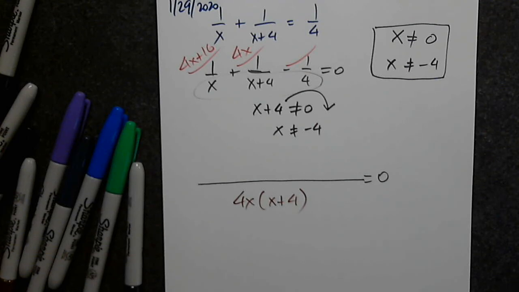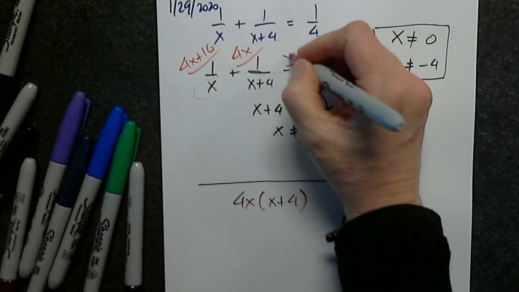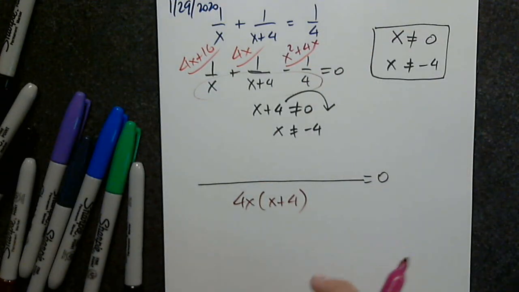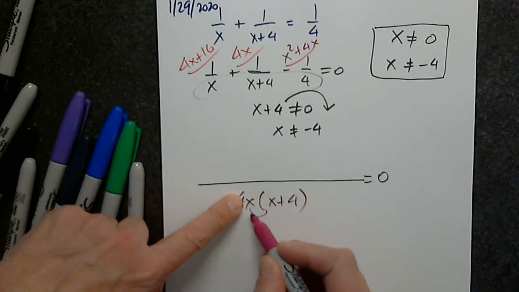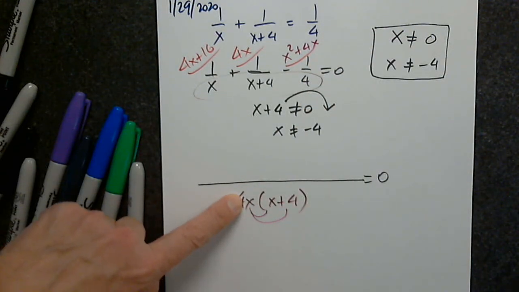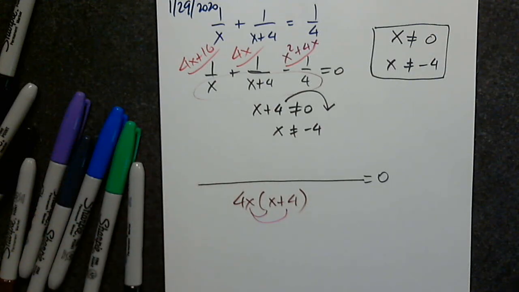Can anyone give us the top of the third one? x squared plus 4x. Excellent. So it has 4, so it has to have this. The reason I put it up there already distributed is to cut back on writing a little bit.